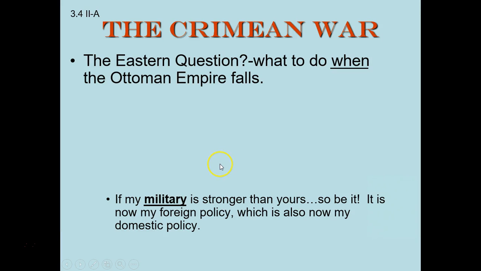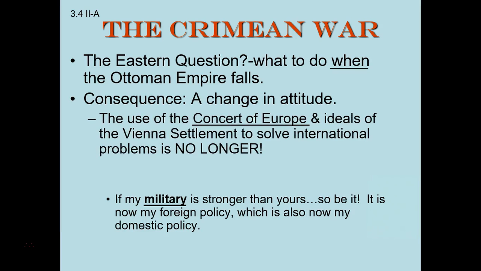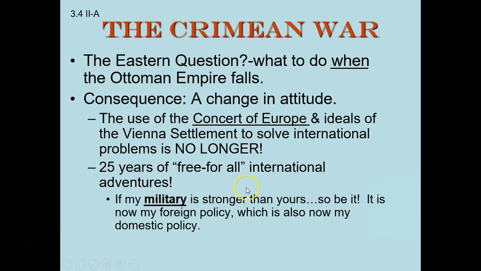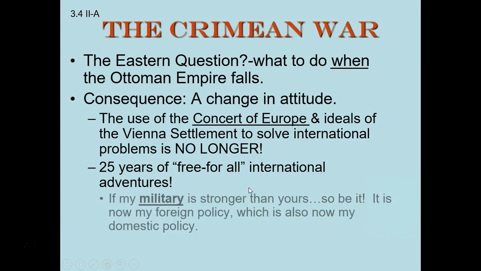And of course, it has to do with the infamous Eastern question: where will the European powers be when the Ottoman Empire falls? Remember, it's not a matter of if, only a matter of when. Another major consequence is that warfare, and especially military strength, is going to be a big part of European countries' foreign policy as we move forward.